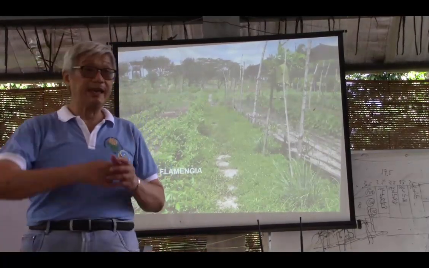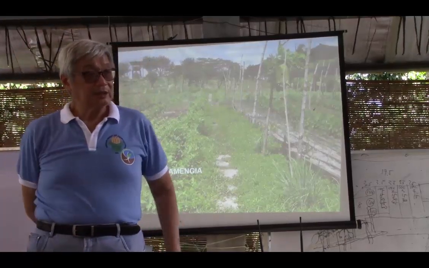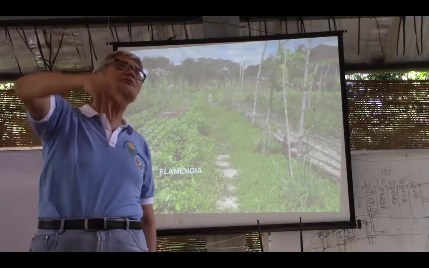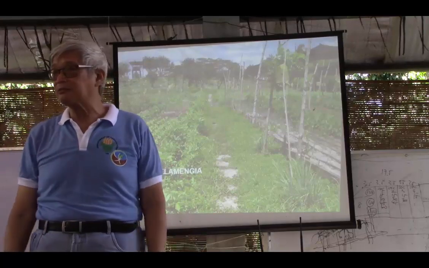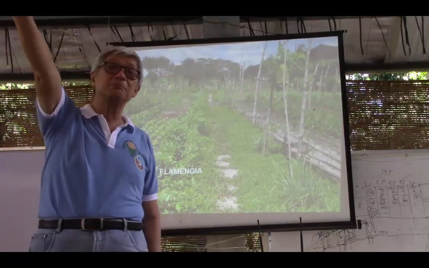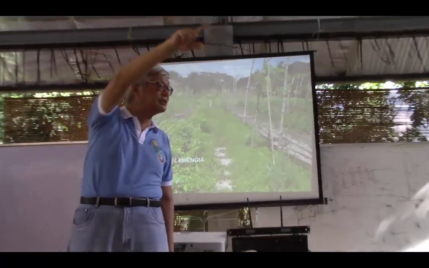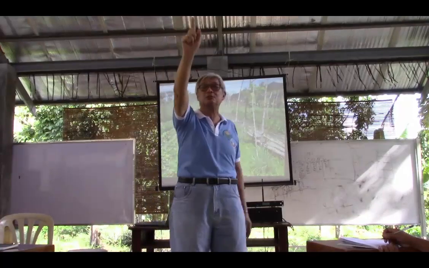Okay? The length of the beddings, don't do a very long length, like 20 meters or more. Don't do that. Why? If you're in the middle of that length and you want to go to the other side, you have to walk so long a distance, unless you want to jump.